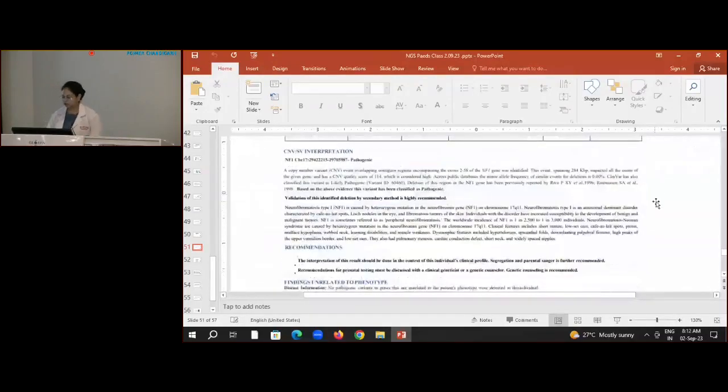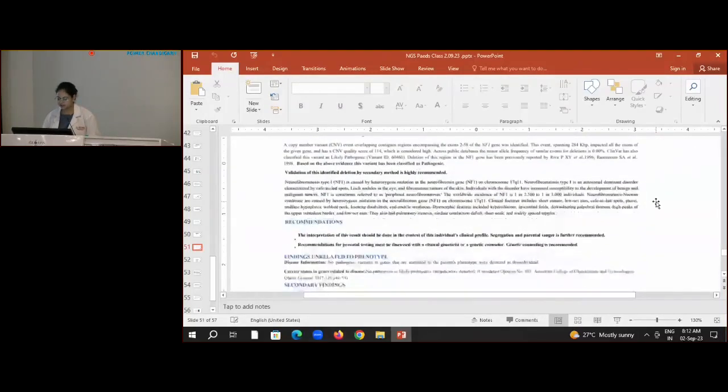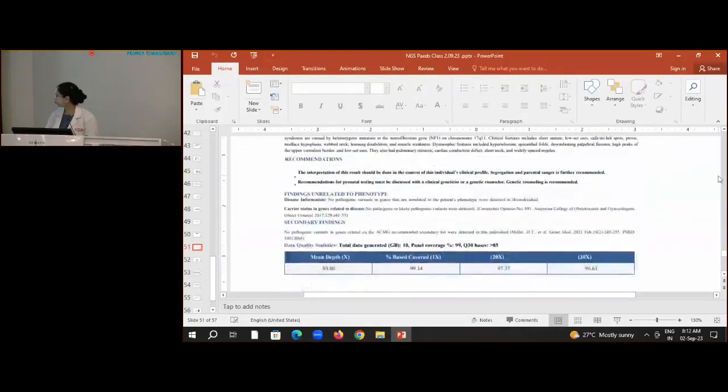So evidence is to be given in every report for the classification. And as I was discussing regarding the depth and the coverage, one should always look at the bottom of the report for the mean coverage given for this variant and the coverage for this particular panel.